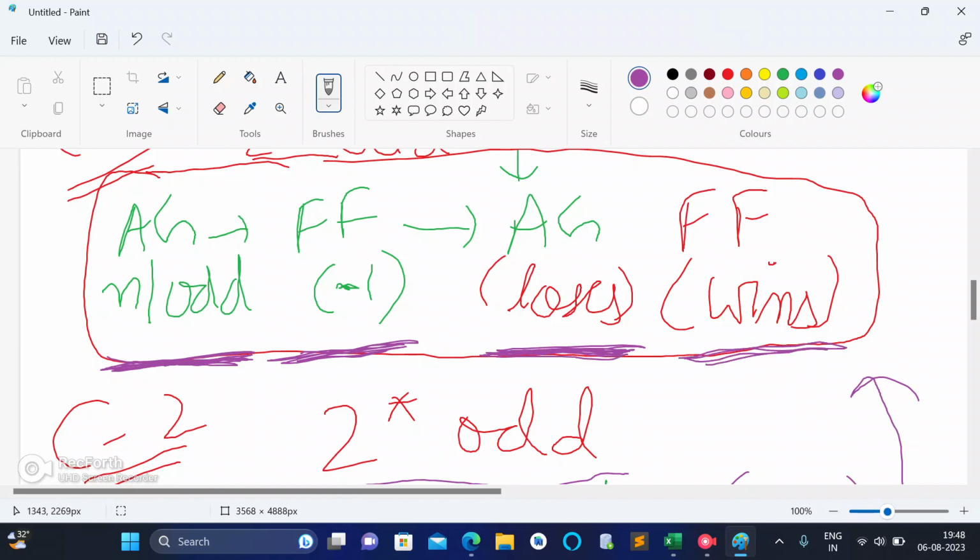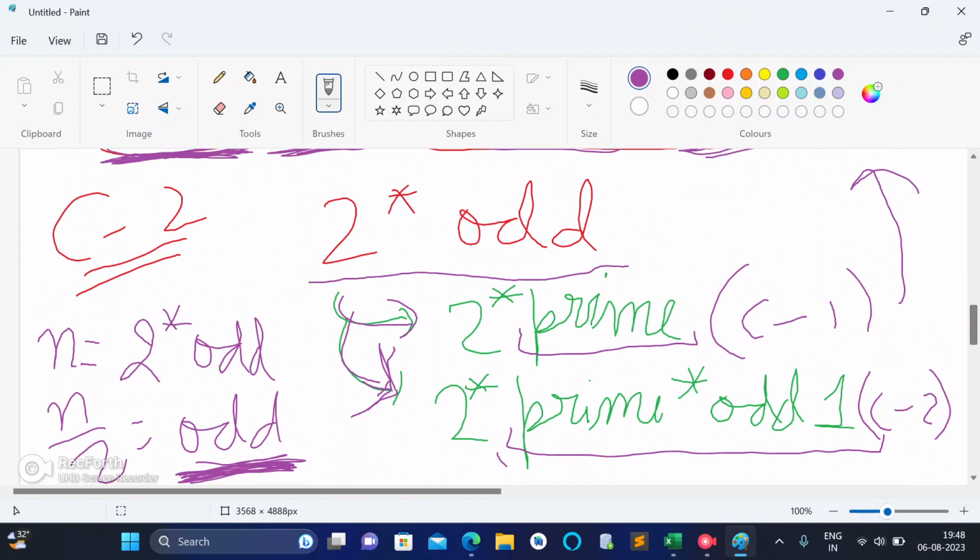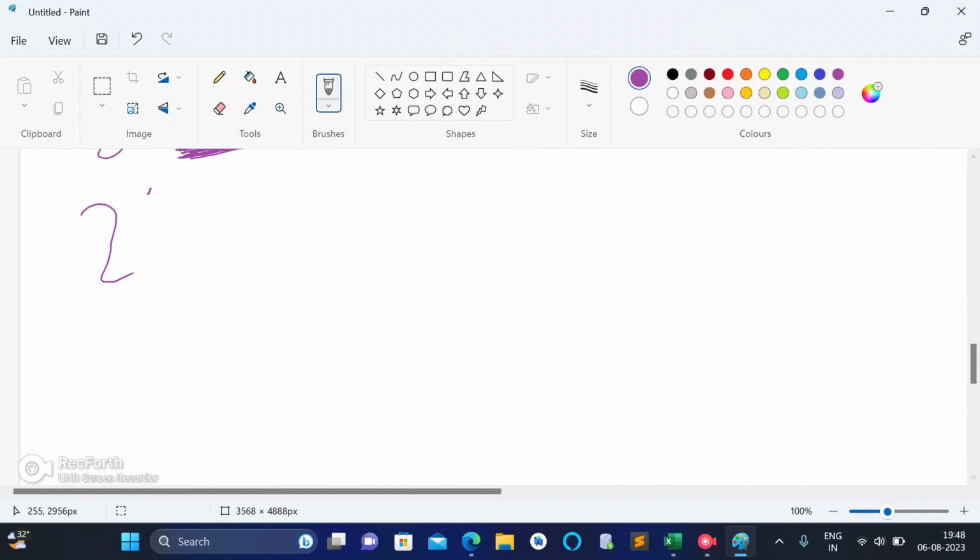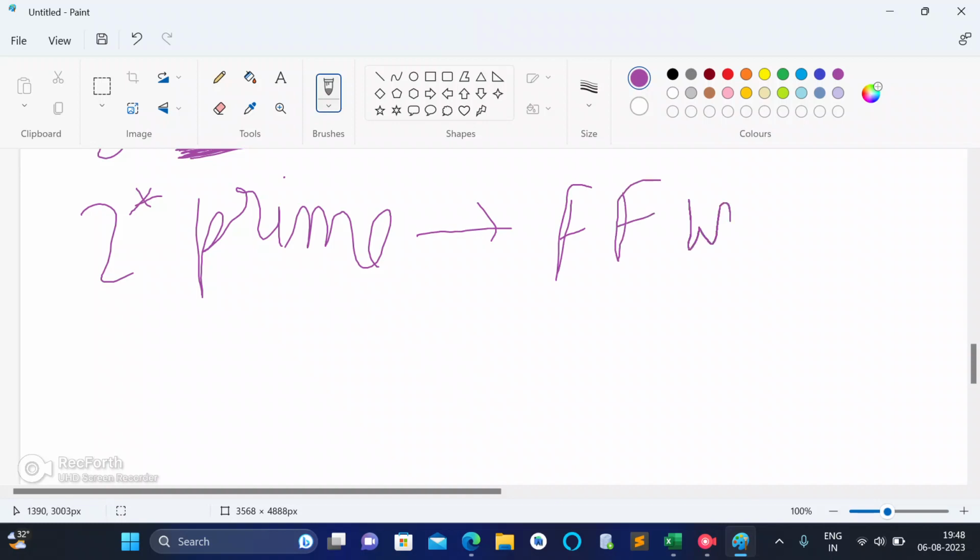Then fastest finger will subtract 1. Then Ashish Gupta says I won't be able to make any move, so Ashish Gupta loses and fastest finger wins. So if 2 into odd is actually 2 into prime, then fastest finger wins. At the end I will summarize all these things.